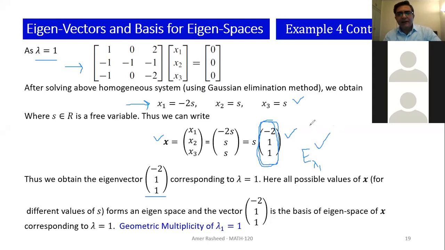So I repeat it. When you get the vector x, if we change the value of s, we get infinitely many vectors, and those vectors will be a line. Yes, you are right.